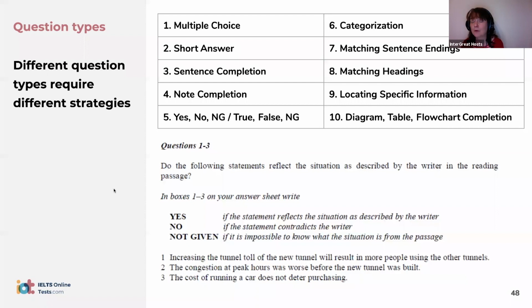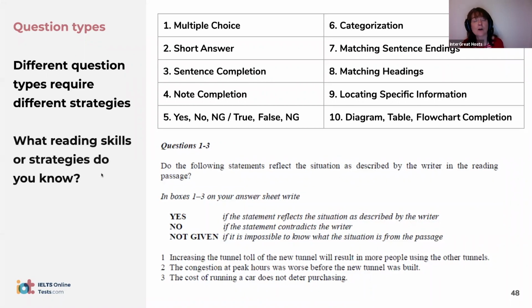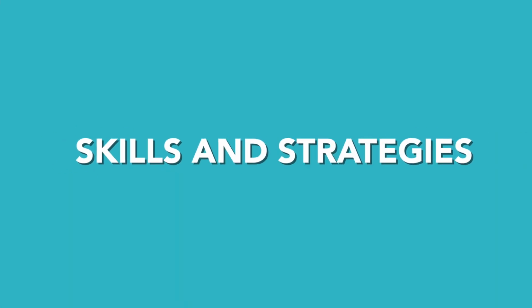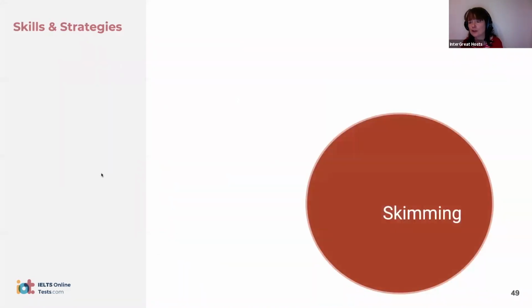It's very important that you don't spend a lot of time reading the passage. You don't have time to do that. Obviously, time limits is a big issue when it comes to the reading. So we need to focus on the different kinds of strategies, okay?